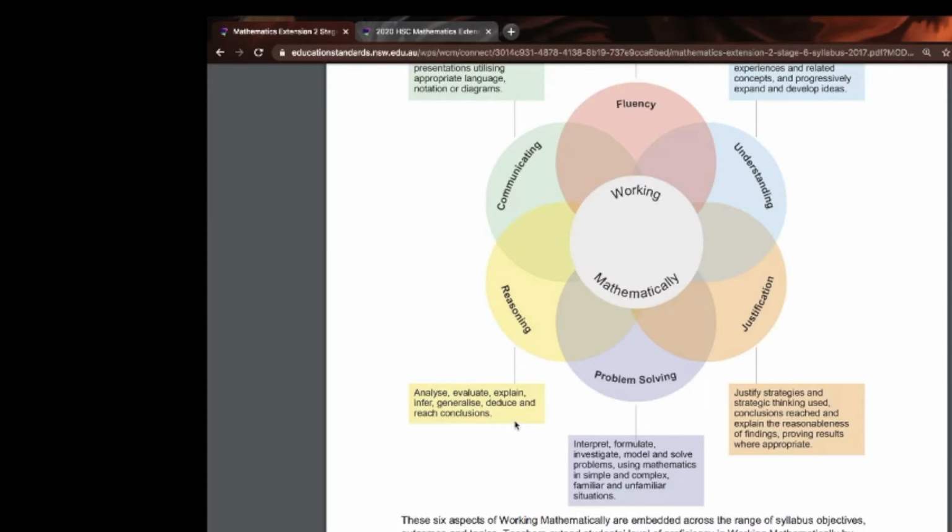So what does that mean within the scope of mathematics? You know what it means within English, so analyze is saying this does this. In mathematics, analyze means to investigate a problem and find solutions. So in mathematics, whenever you're doing a question, you're constantly looking to analyze the problem and find a solution to it.